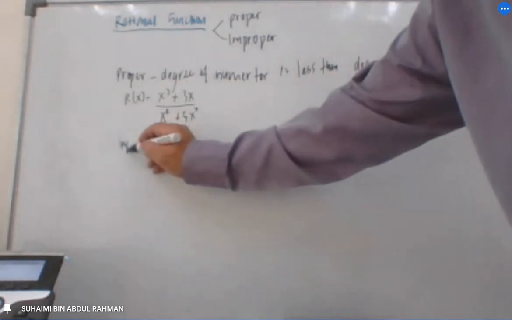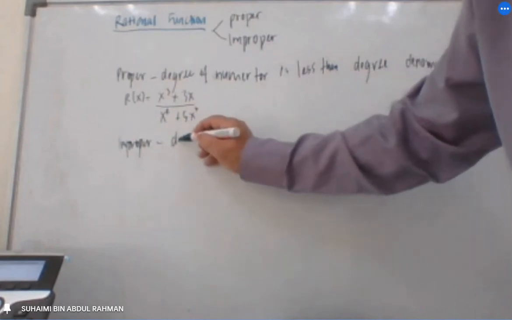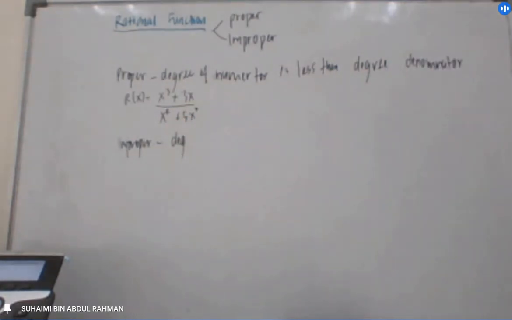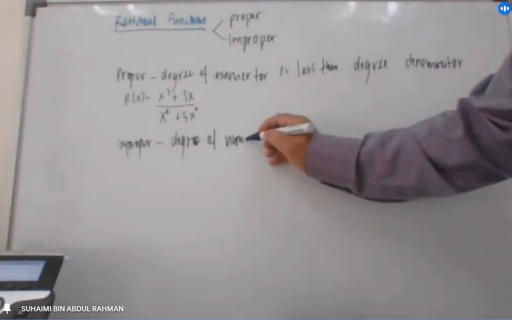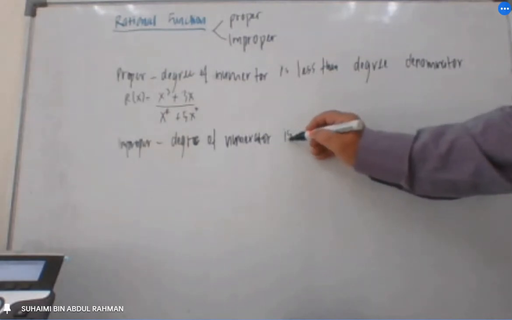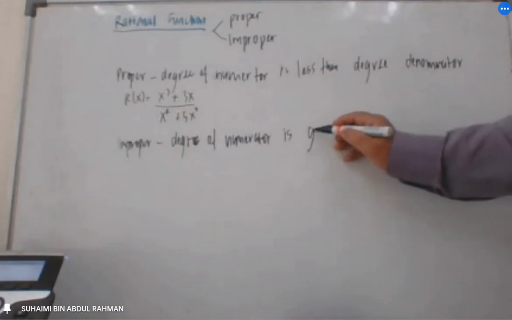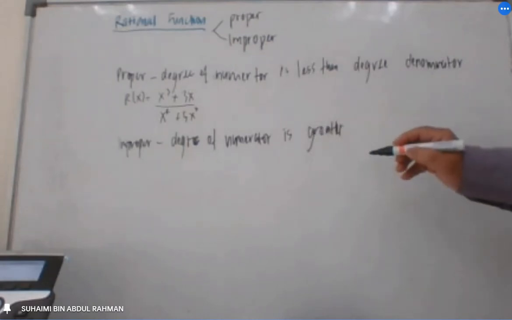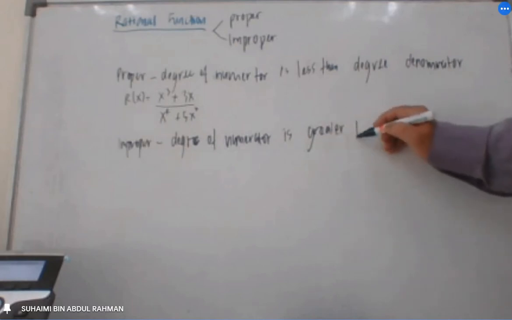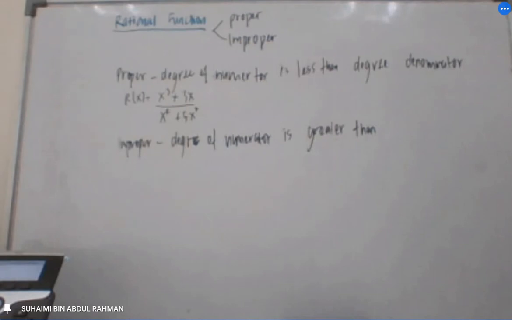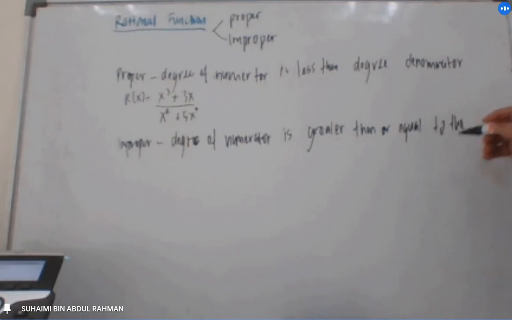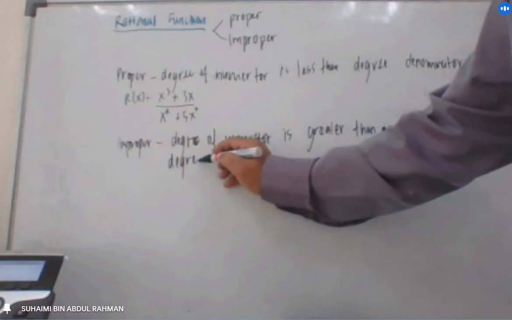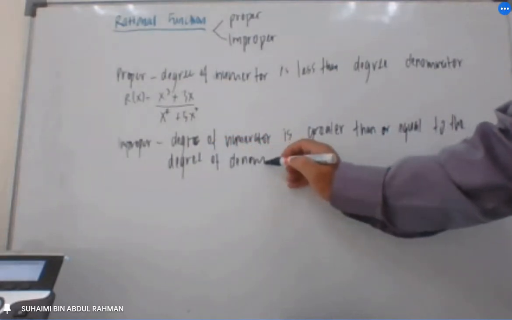We may have improper rational functions, where the degree of the numerator is greater than or equal to the degree of the denominator.